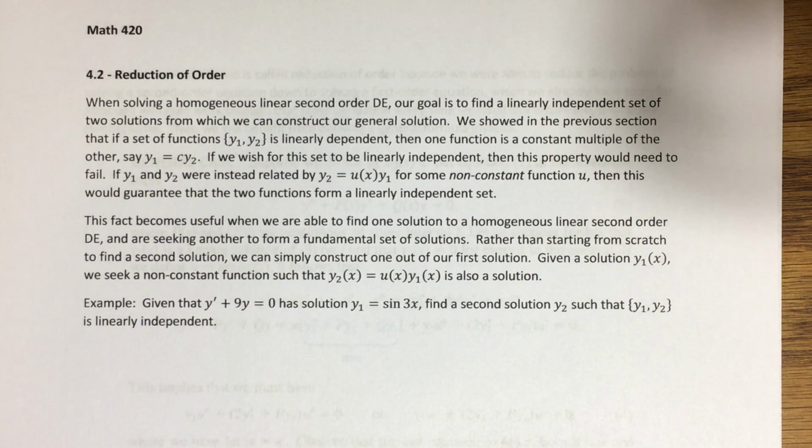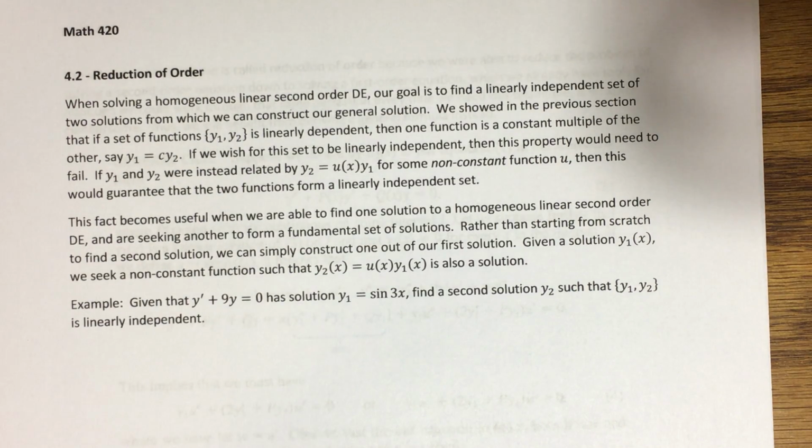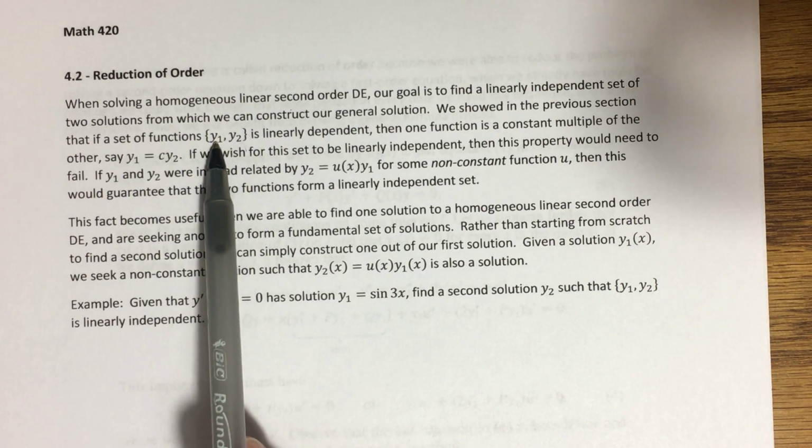Now, as we're going to see again in section 4.3, where we look at some of the simplest cases of homogeneous second order linear equations, sometimes your solution method will give you both of these solutions at the same time. And in that case, that's fantastic. You just use those to construct your general solution. But as we are also going to see in 4.3, sometimes your solution method only gives you one solution.